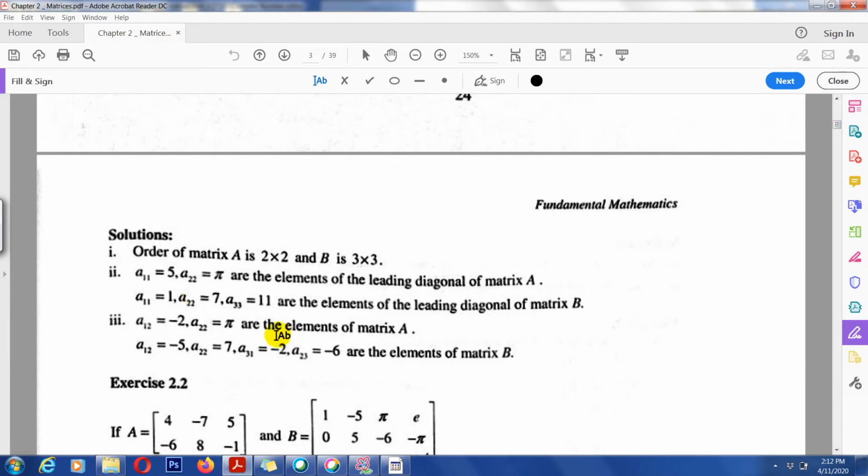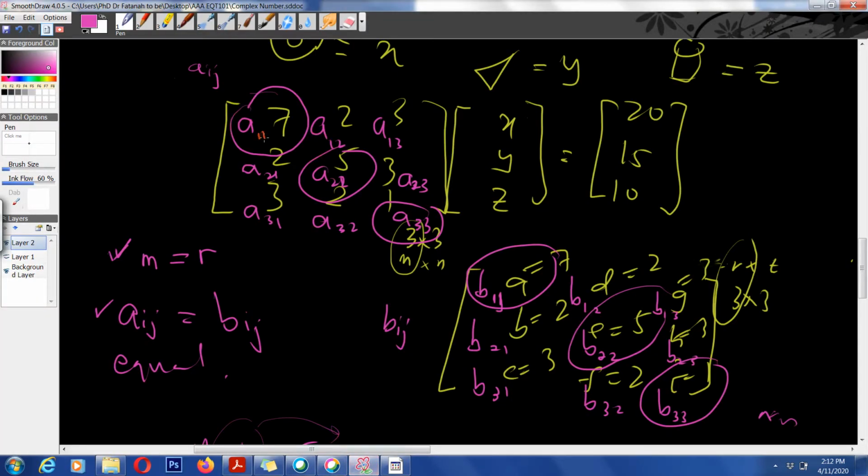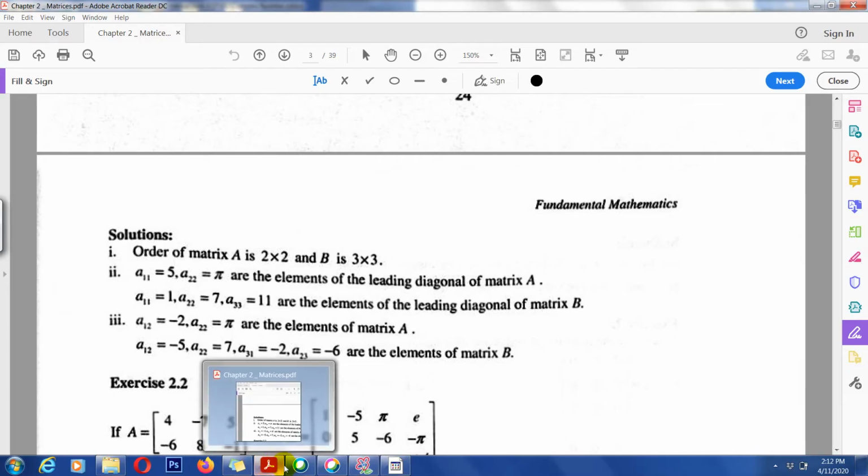Okay, this is the answer. So the elements of the matrices are these. We need to know the position here. What is the position of every element? It is about position. We need to care more about position.